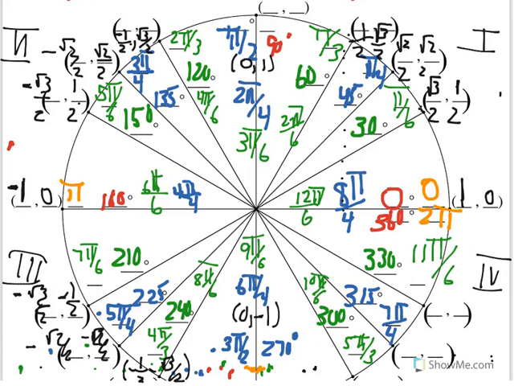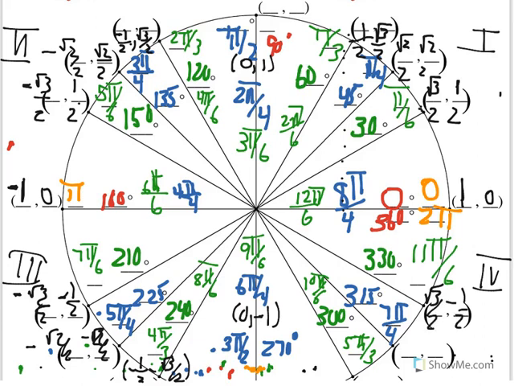Then at 300 degrees, 315 and 330, those are your 60, 45, and 30-degree angle respectively. So if we go at 330, we will see that that's our 30-degree angle, so it must match every 30-degree angle in the quadrant. So it's positive square root 3 over 2, negative 1/2.